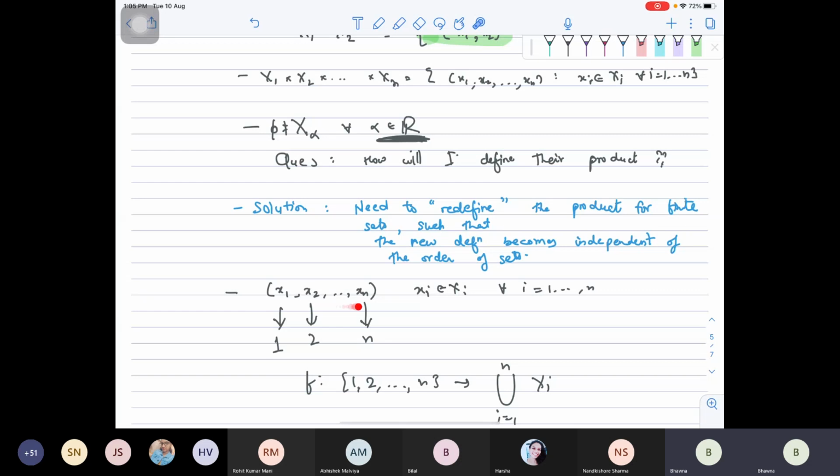We have specifically listed x1, after that x2, after that xn.